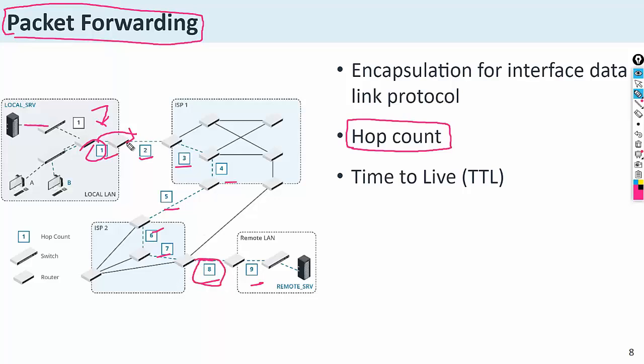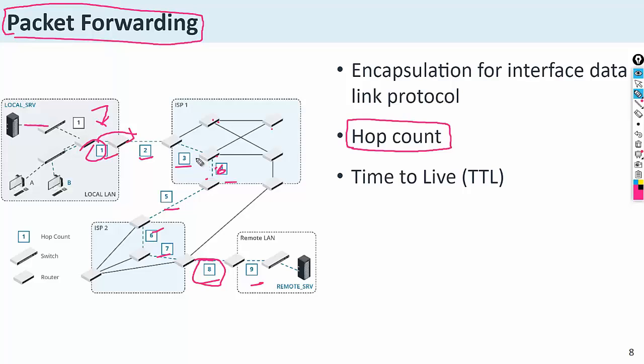If the packet is going here 1 2 3 4 then 5 then 6, what happens? It will take a long route.